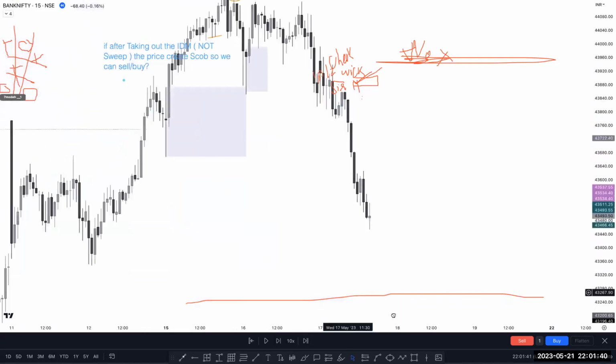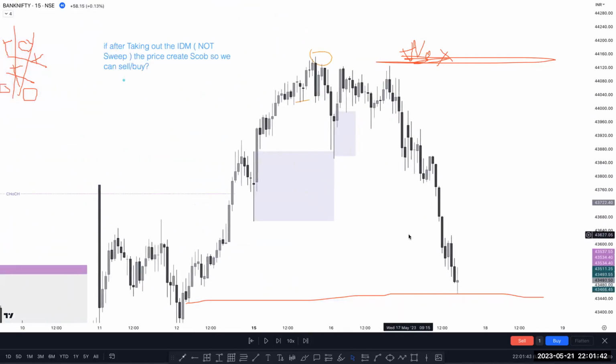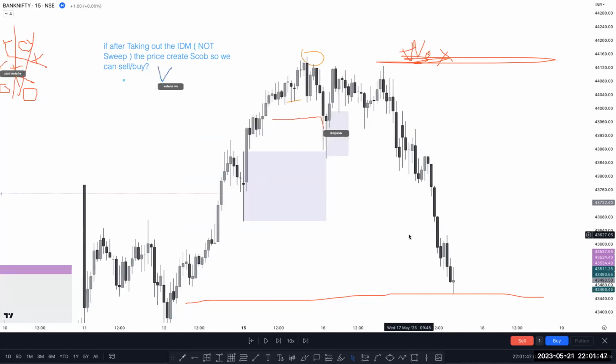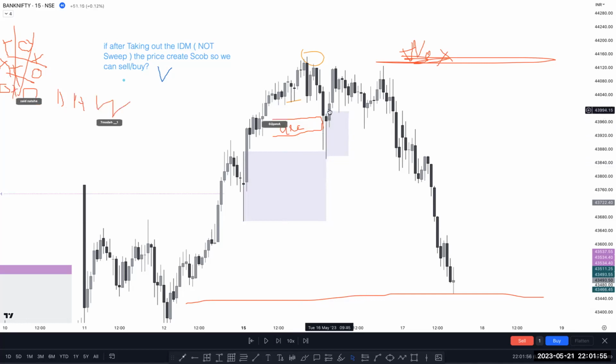What happened here? Sir, this is our order block here. This is an inducement. Tap here, mitigate this order block and give reaction, create single candle order block, mitigate this one, and we can buy here.